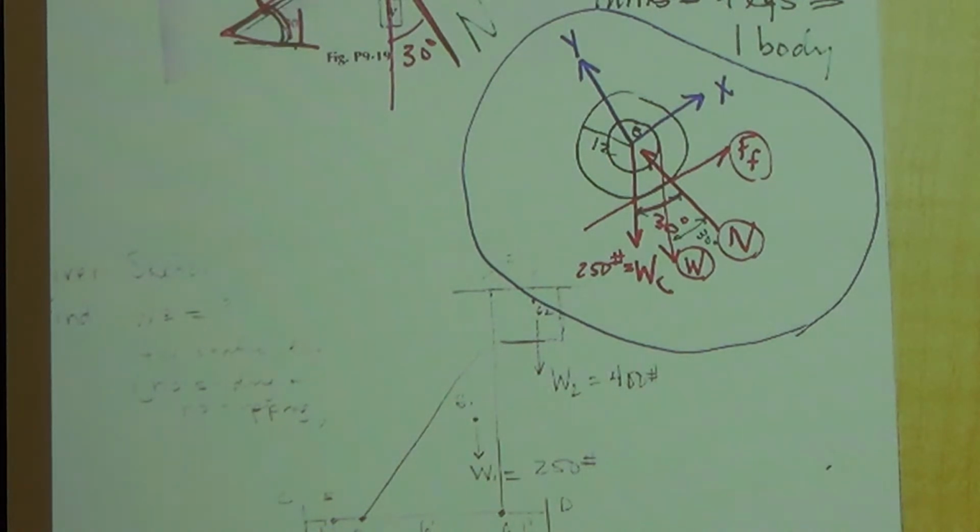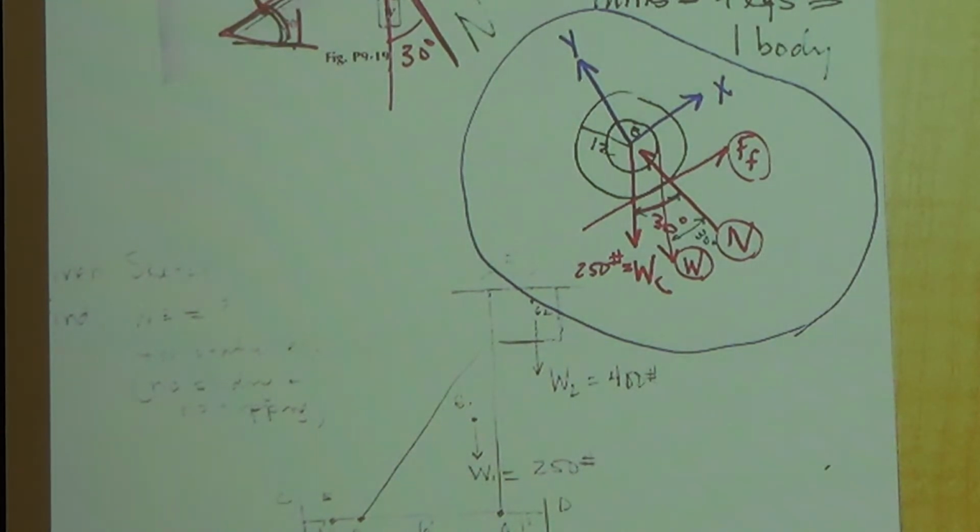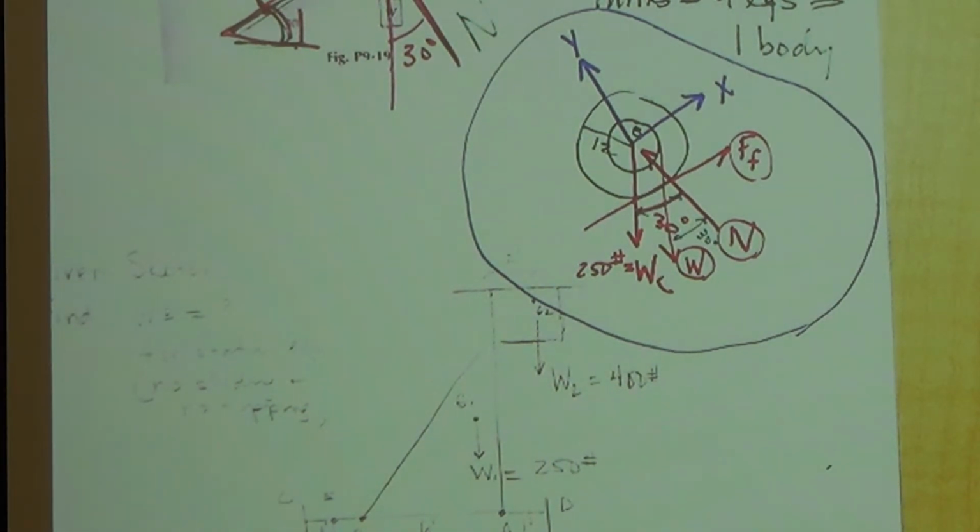Or I could say WCX is equal to 250 times the sine of 30, negative. What I want you to do is write these three down, and we're not going to think about it now because this is trig, and you know this, you just need to refresh your memory on it. But write these three things down, and then look at them later.